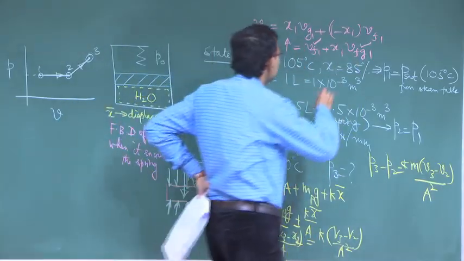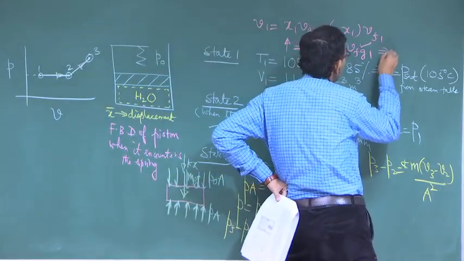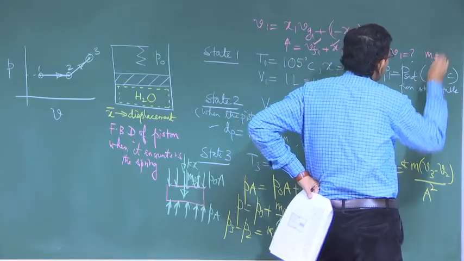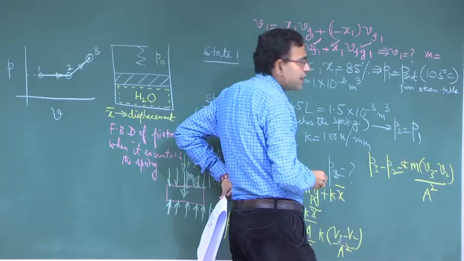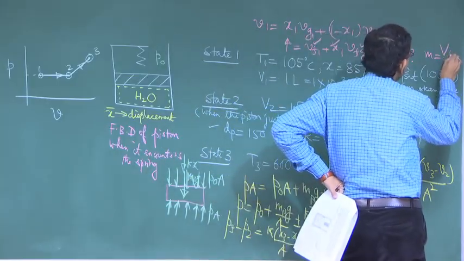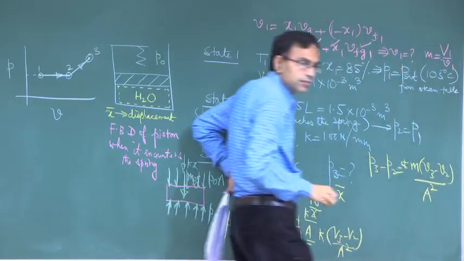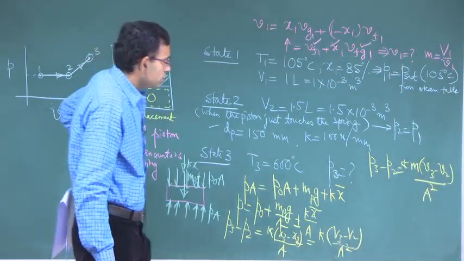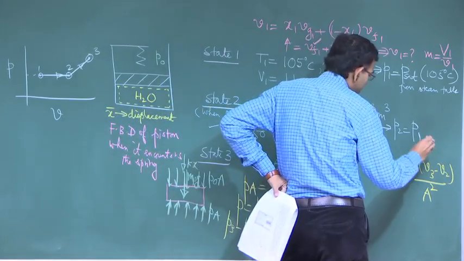x1 is also given. So, this will tell you what is V1. So, what is M? The mass that does not change during the process, that is V by V1. So, that mass you can substitute here.